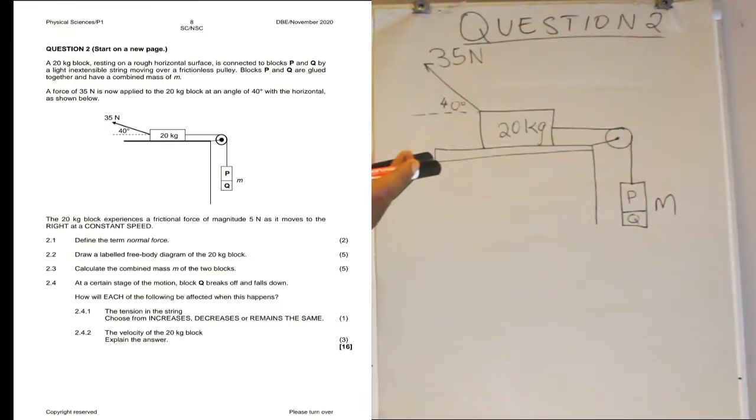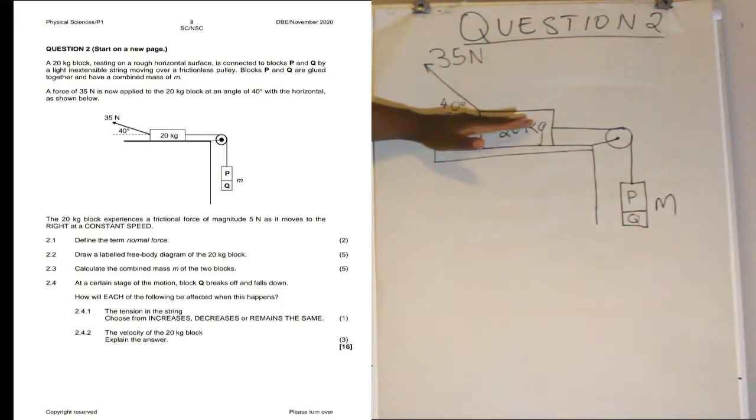They are saying a force of 35 newtons is applied on the 20 kg block at an angle of 40 degrees with the horizontal, as shown below. So this block is pulled by a force of 35 newtons, and this force makes an angle of 40 degrees with the horizontal.